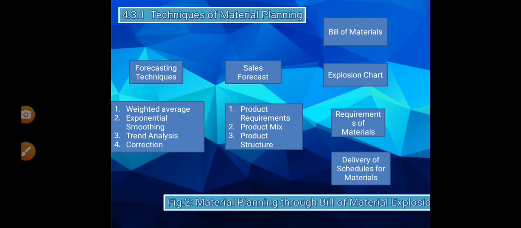Next is the requirement of materials. It is a system for calculating the materials and components needed to manufacture a product. And it also consists of three primary steps. So first is taking inventory of the materials and components on hand and identifying which additional ones are needed, and then scheduling their production or purchase.